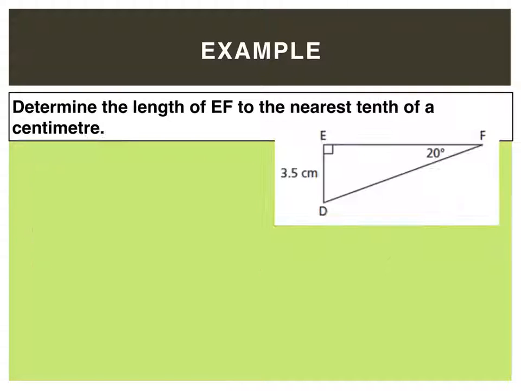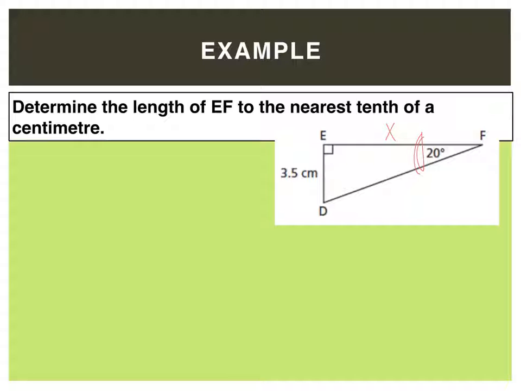Now I just want to go over one more type here, because there's really only two types. When you're solving for sides, there's two situations that can arise. The one we just did, where we ended up with x over 10 or x over 5, or this situation, which is a little bit different. So here, if I'm looking at 20, and I'm trying to label my sides, it tells me I want EF, so I'm going to put my x up there at EF.